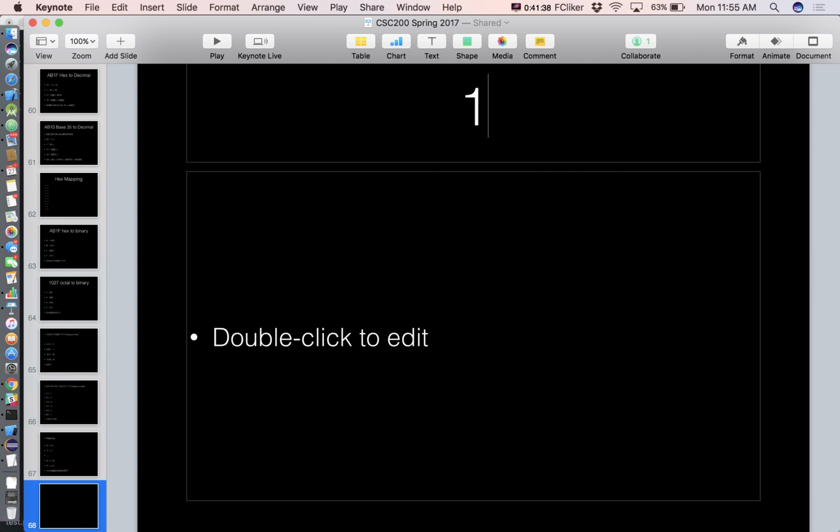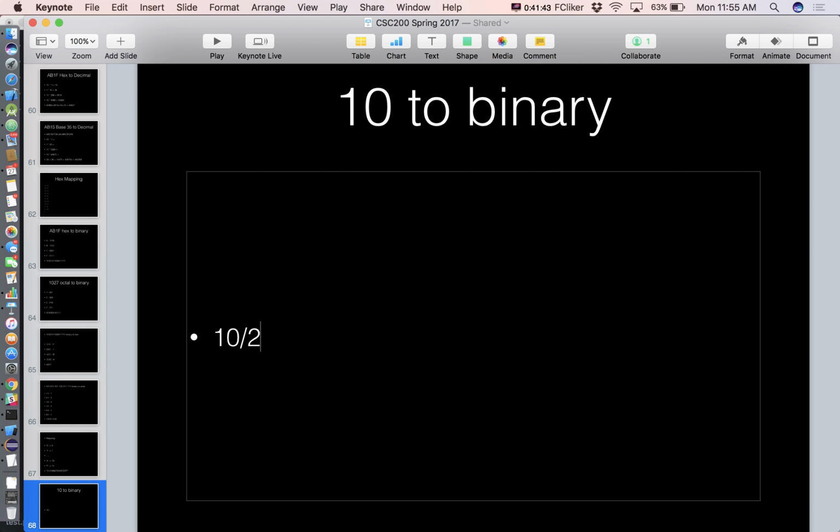If I say 10 to binary, this is 10 divided by 2. 2 goes into 10 5 times. 5 times 2 has a remainder of 0. 5 divided by 2 goes in 2 times. 2 times 2 is 4 with a remainder of 1. 2 divided by 2, 2 goes into 2 one time. 1 times 2 is 2 with a remainder of 0. 1 divided by 2, 2 goes into 1 0 times. 0 times 2 is 0 with a remainder of 1. We know we're done when we finally get a quotient of 0.